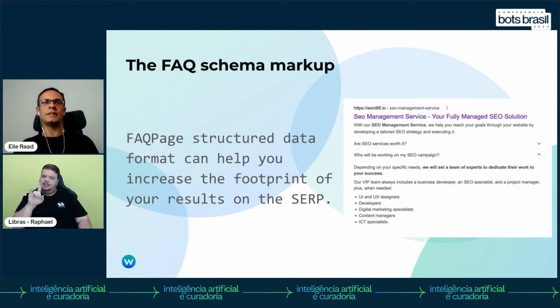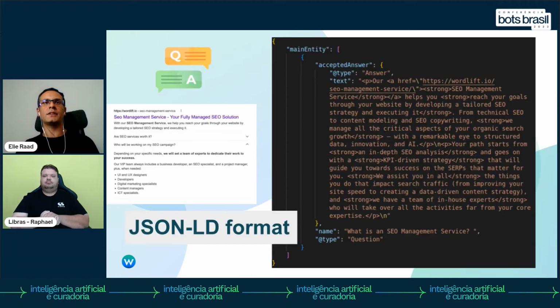structured data is a FAQ schema markup. So it's not entities and relationships. It's a different schema. It's a very particular schema where we can put the question. For example, here the question is, what is an SEO management service? And we also have the text over here in the text tag.